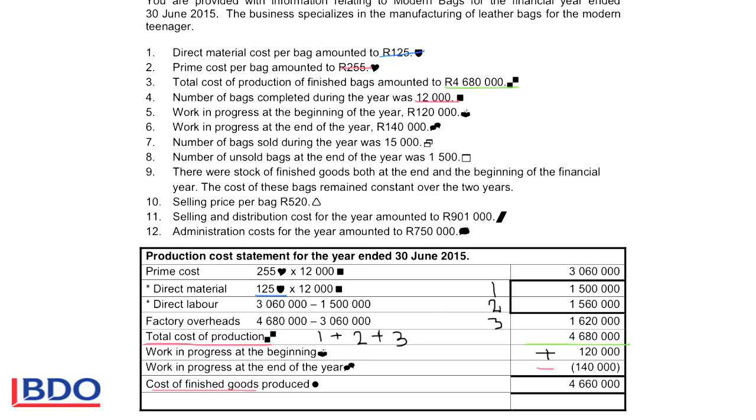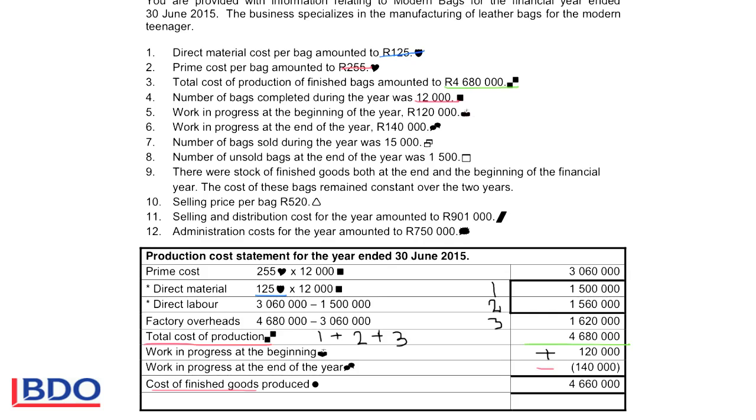Now, if they do it the other way around and they give you the total cost of production, then you take the 4680, subtract the primary cost, and that will give you the expense for factory overheads. Then they say that the work in progress at the beginning of the year was 120,000 Rand.